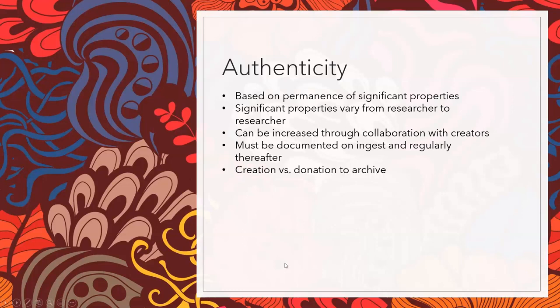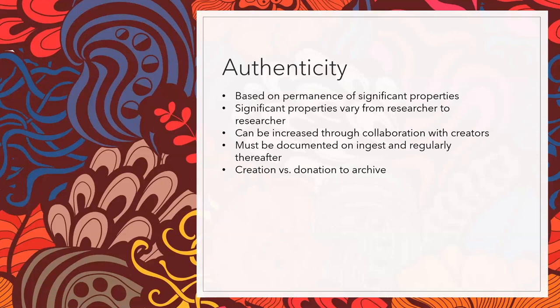So again, this brings up an interesting dilemma: should archives be concerned about how authentic a record is compared to when it was created and used, or how authentic a record was when it was donated to the archive?